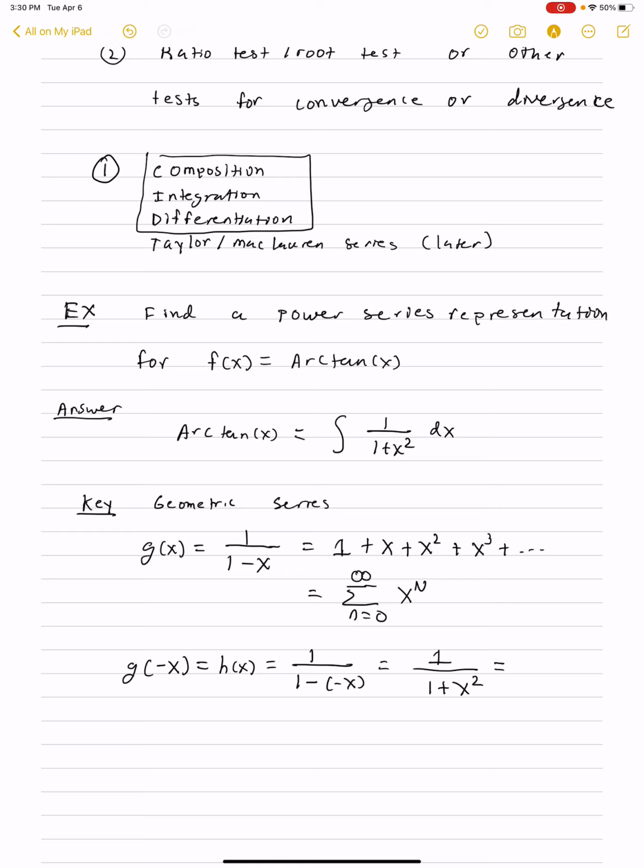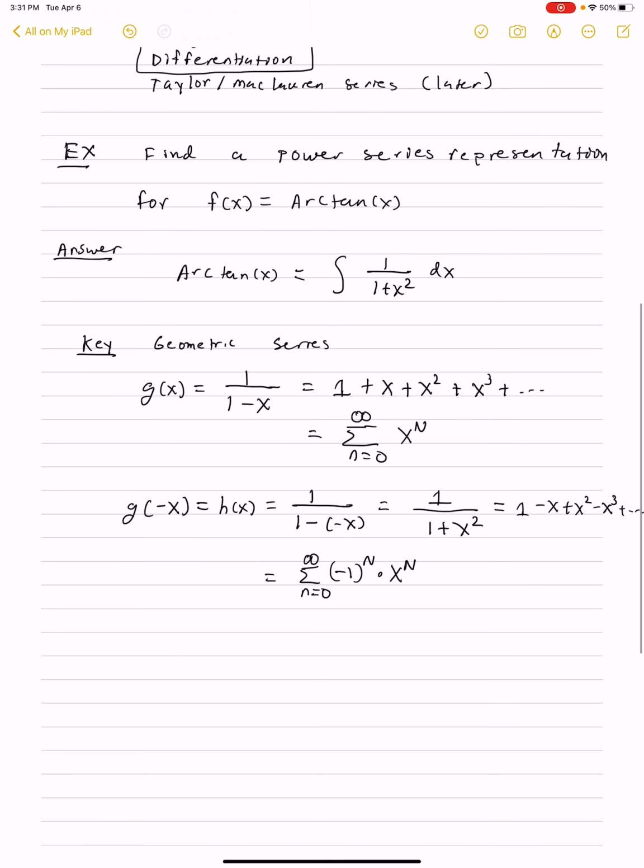And this will be equal to 1 minus x plus x squared minus x cubed, and so on. And then I get to represent this by the summation from n equals 0 to infinity of minus 1 to the n times x to the n. Okay, so here I have that power series representation.